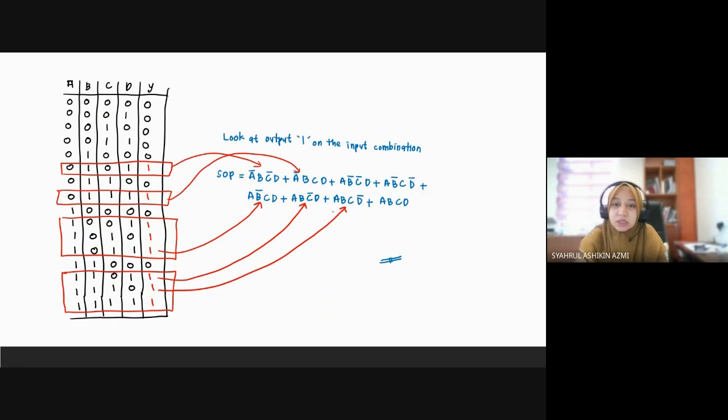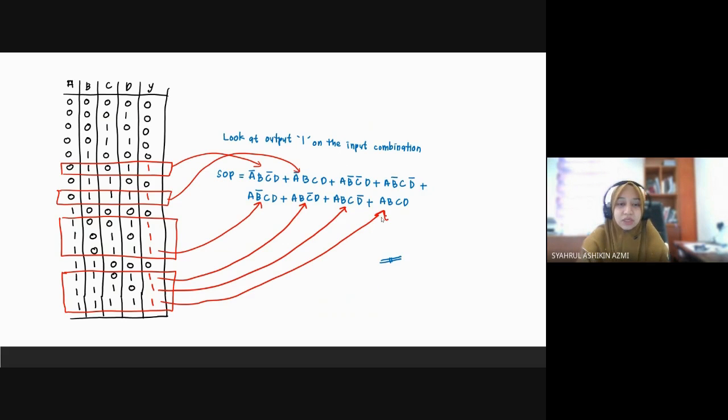This one here is A dot B dot C dot D bar, which is a representation of 1110. And the last one is 1111, which is A, B dot C dot D.